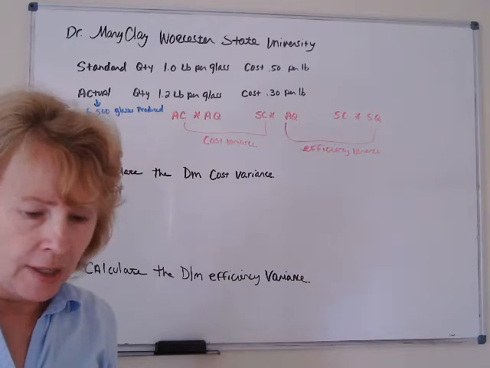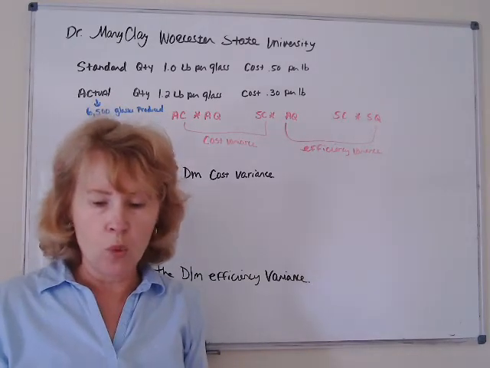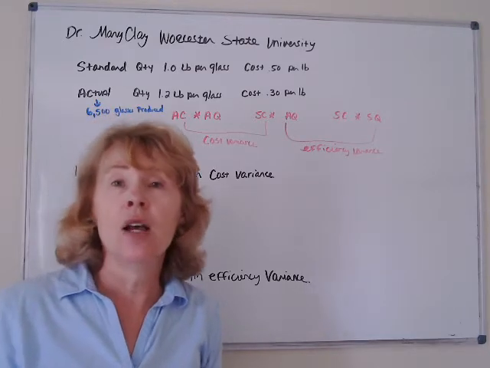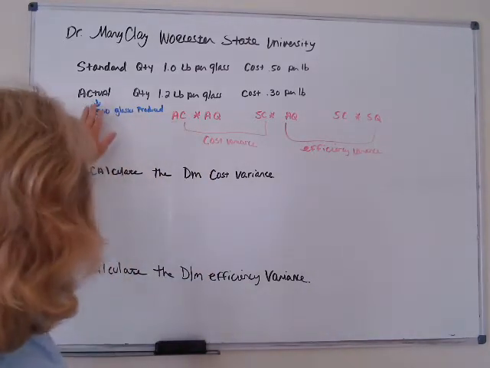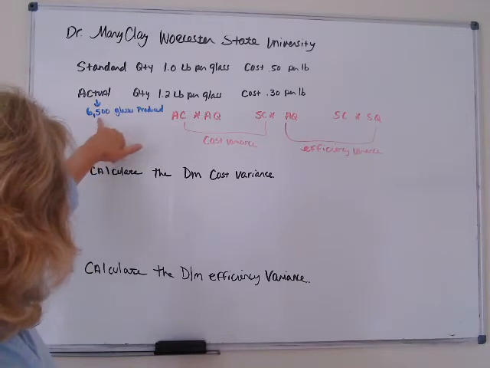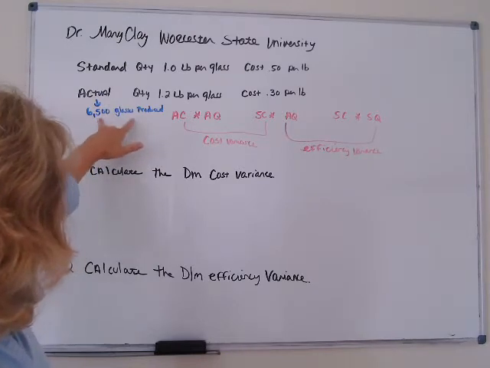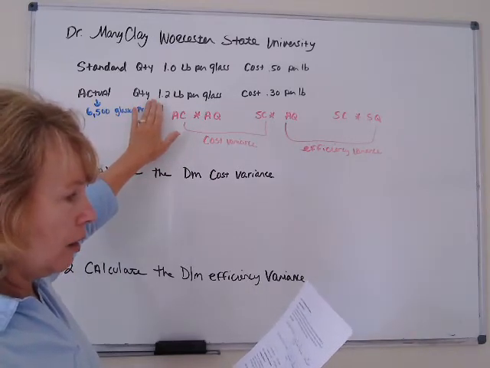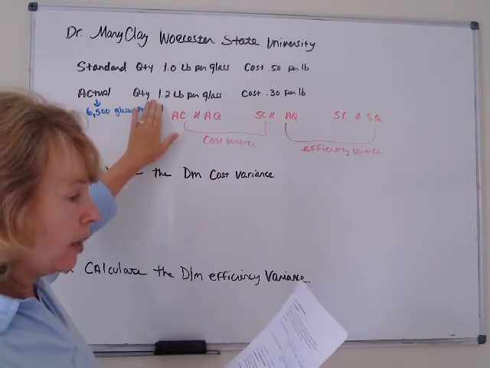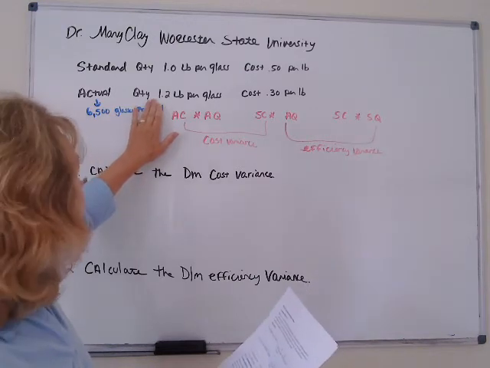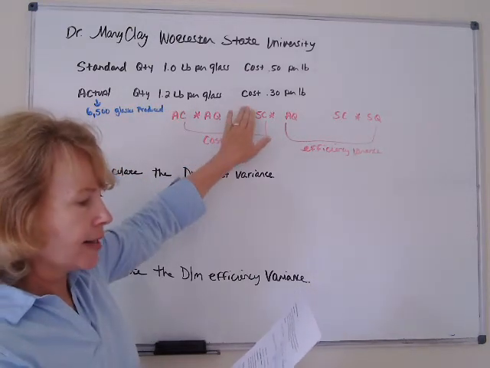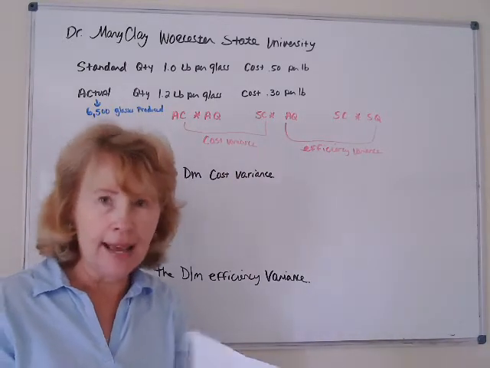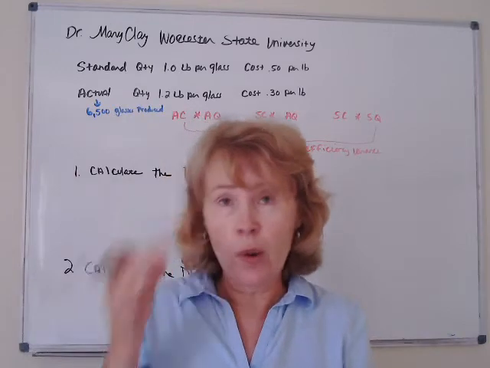I read on. The actual result for one month's production of 6,500 glasses, well, that's actual. So I write actual, and I have a note that they produced 6,500 glasses. The quantity per pound was 1.2 pounds per glass, and the cost is 30 cents per pound. This is actual.